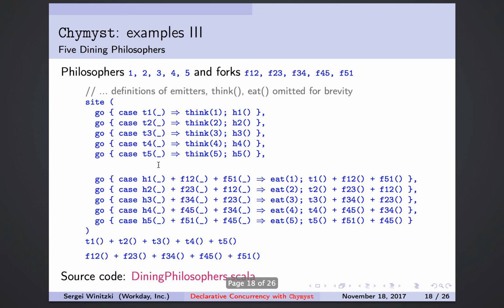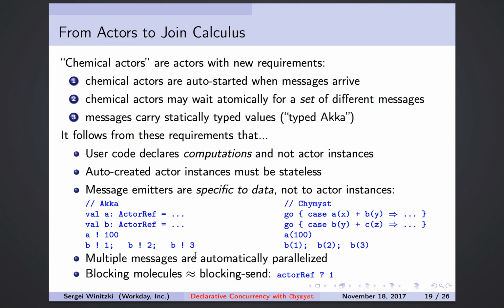The parallelism is automatic. The blocking molecules are similar to the blocking send feature of the actor model. So if you need to block and wait until some reaction starts and sends you a result, you can do it using a blocking molecule.